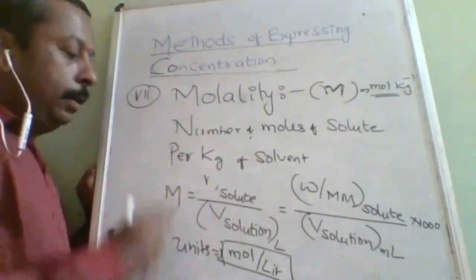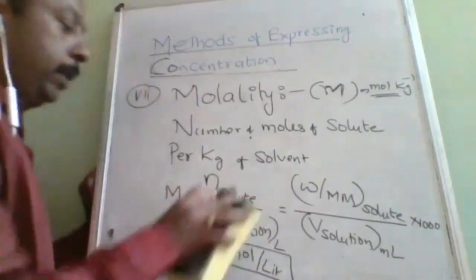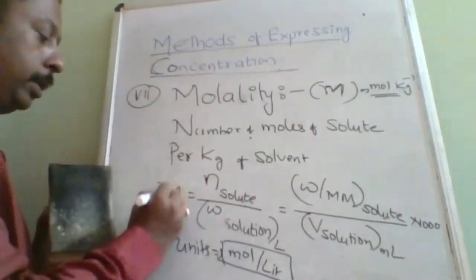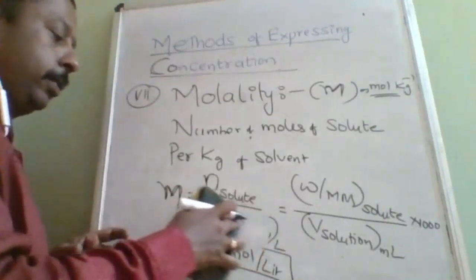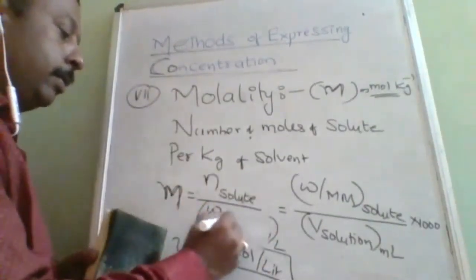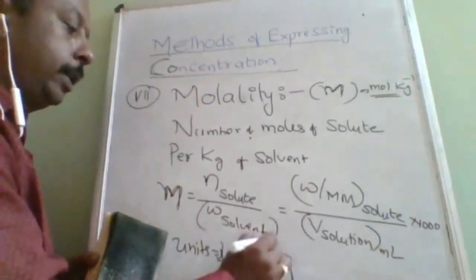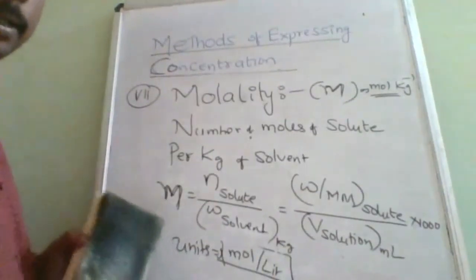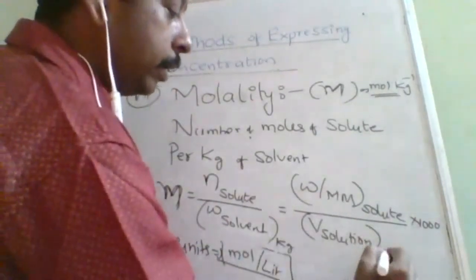Now numerator part same, denominator part, in place of V, what will I write? W, sorry, here it will be small m. So W, here in place of solute, what should I write? Very nice, solvent. In place of liter, what will I write? Kg. Now in place of milliliter, what should I write?